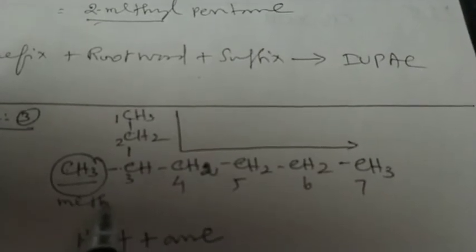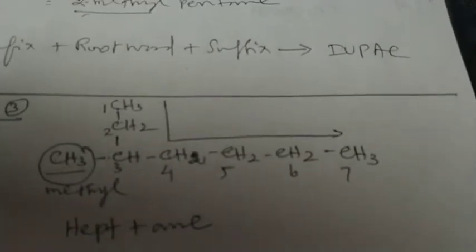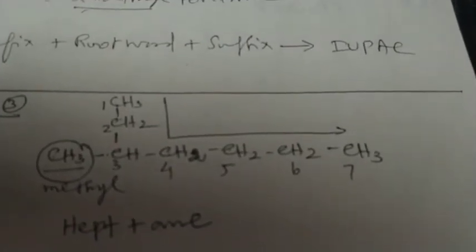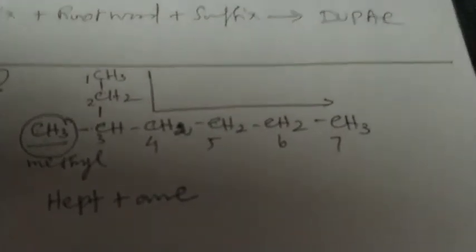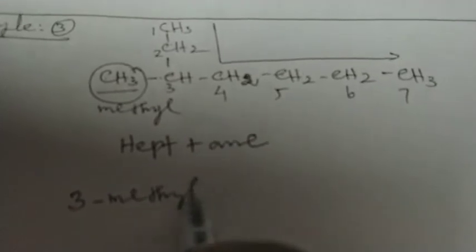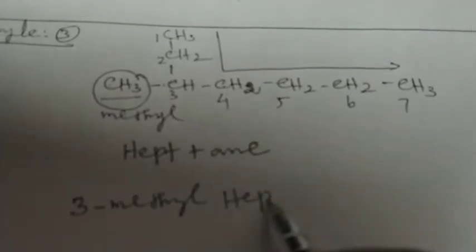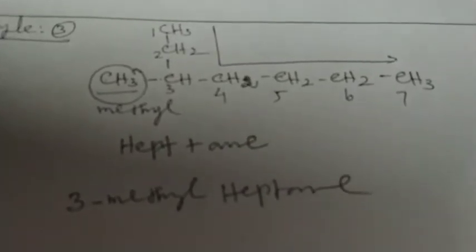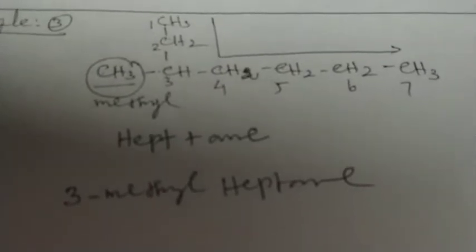Methyl, on the third carbon. So we can write 3-methylheptane. Next we can move to one more example.